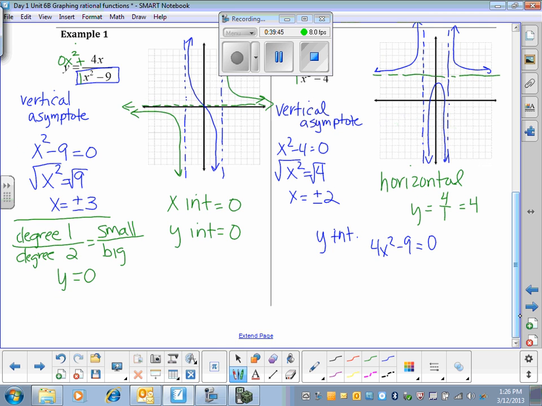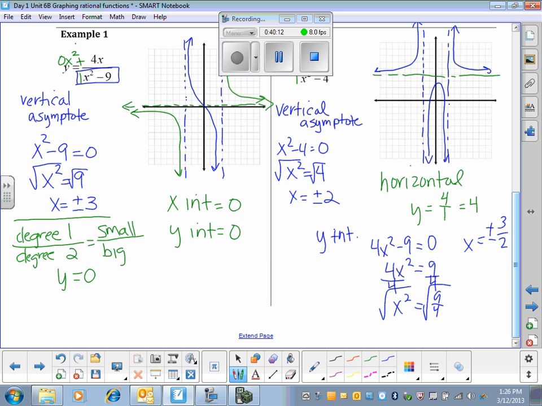It's all on that chart if you forget. So it's 4x squared equals 9, divide by 4. X squared equals 9 over 4. It actually comes out kind of even though. So you get x equals plus or minus 3/2.